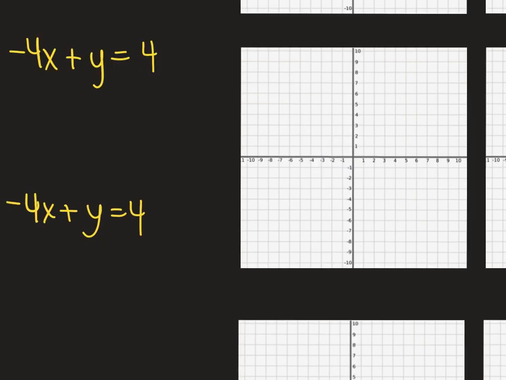All right, here's our next example. To change things up, I decided to make somebody negative, and I decided to have somebody without a coefficient, just to see what it's going to look like. So what is our procedure? We're going to scribble and solve, and scribble and solve. Okay, so if I rewrite this, y equals 4, I don't have to sing the silly song. I just get to put a dot at y equals 4.